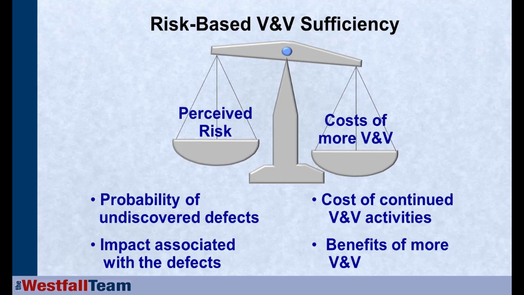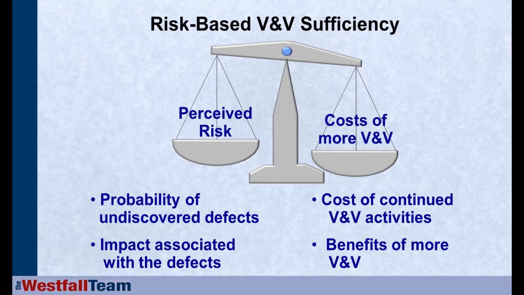And then the impact associated with those defects if they did cause that field problem. So we're looking at what is the risk of yet undiscovered defects in our software causing major field failures. And we've got to balance that against the opportunity that would come from doing additional V&V. What's the cost of that V&V? What's the benefit of that V&V?